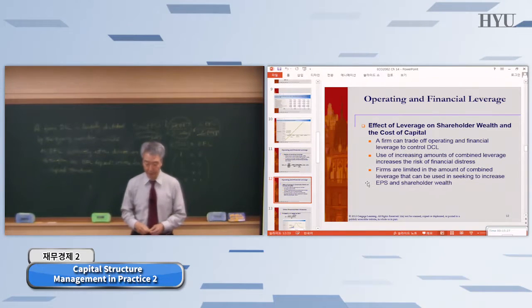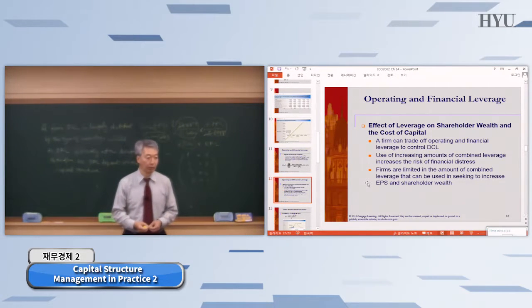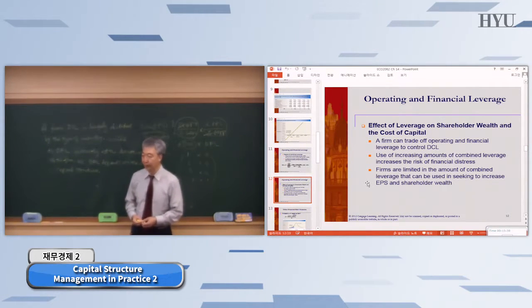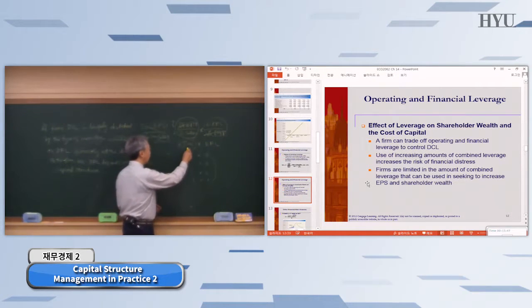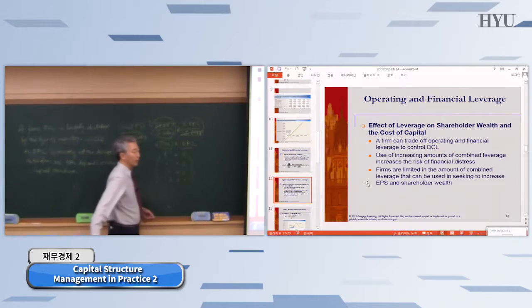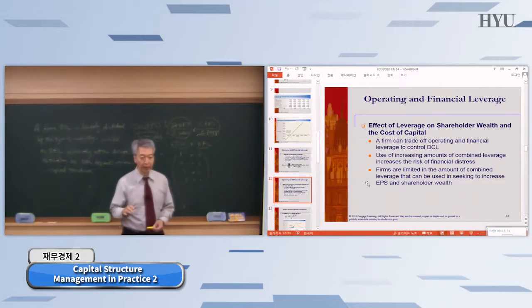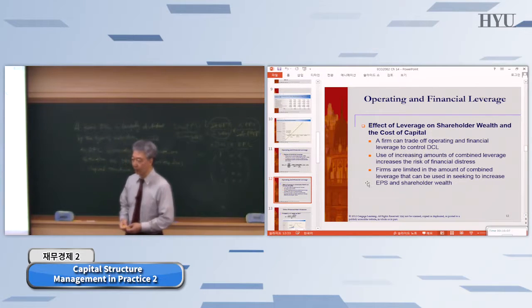While the software industry or retail merchandising industry do not require a lot of heavy investment in equipment or facilities, so they tend to have a low debt equity ratio. So DOL is pretty much determined by the company's industry, but DFL is at the company's choice. The company has a lot more discretion regarding DFL rather than DOL.